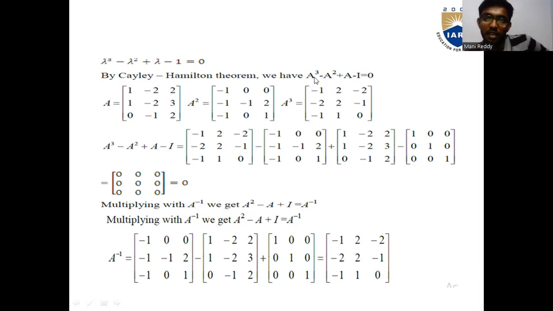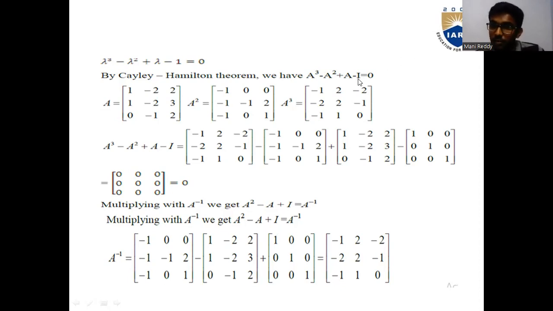A square into A inverse gives A. A into A inverse gives the identity matrix I.